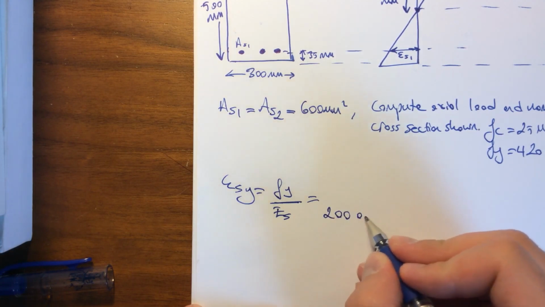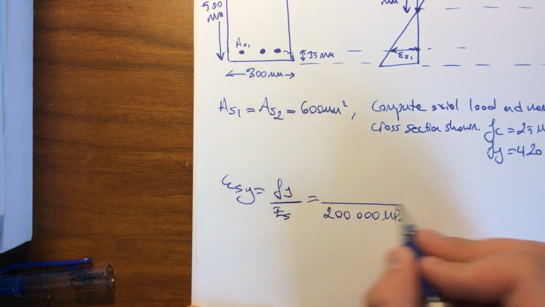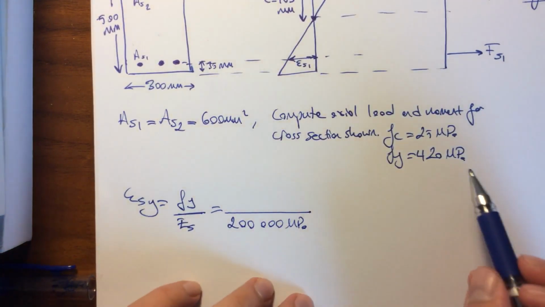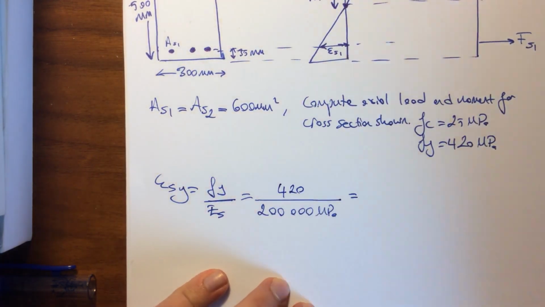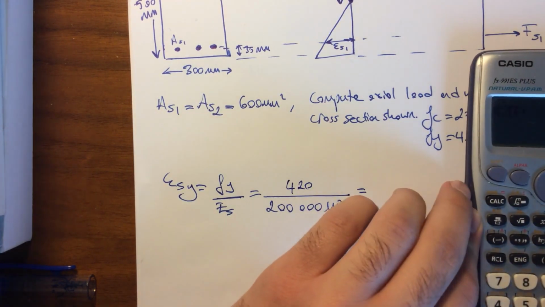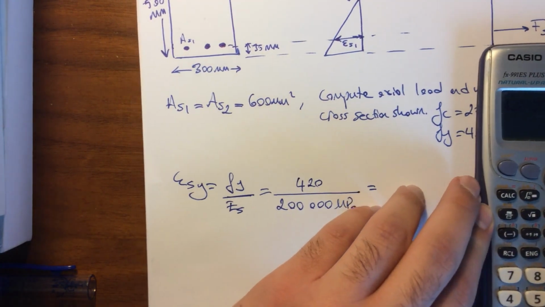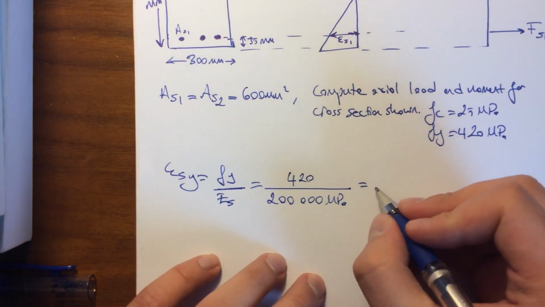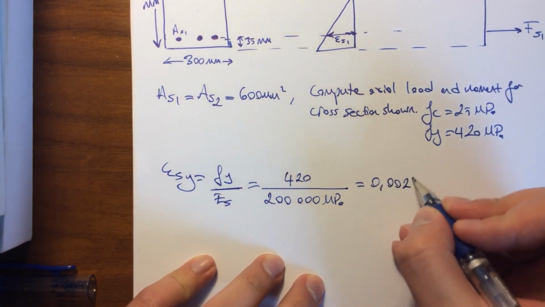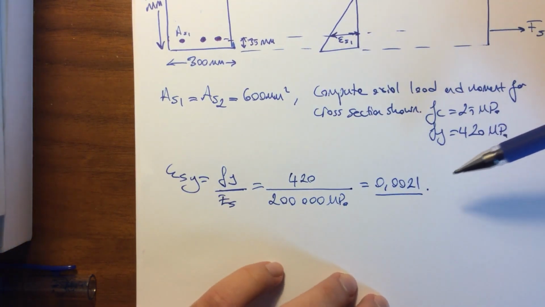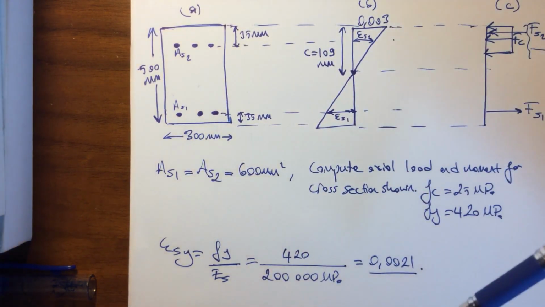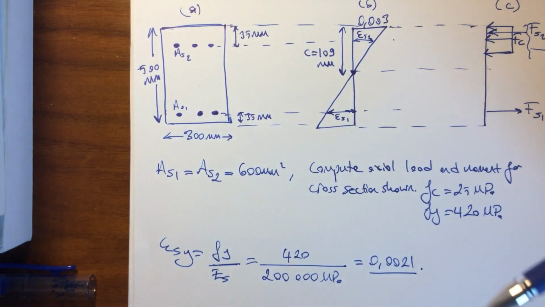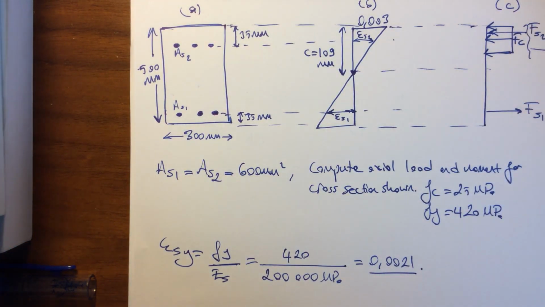So I'm writing 200,000 megapascals here, and the F yield, which was given in the question, was 420 megapascals. When we calculate that using that equation, we get the strain value as 0.0021. So if the strain values in the steel layers are greater than or equal to that value, this means the steel layer has yielded. If it is less than that, this implies the steel layer has not yielded yet.